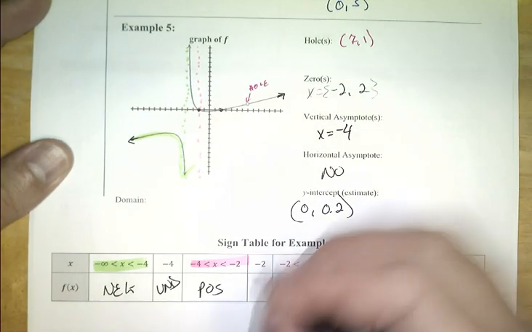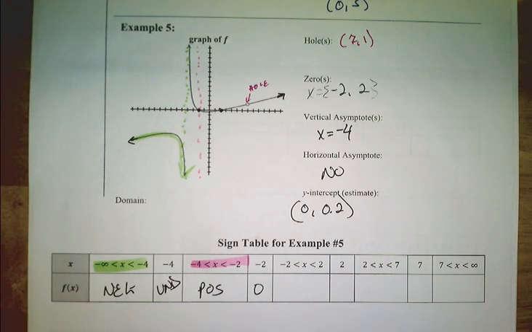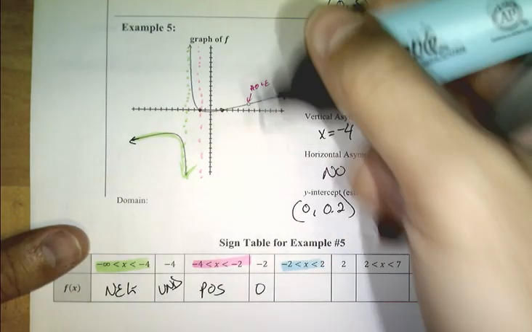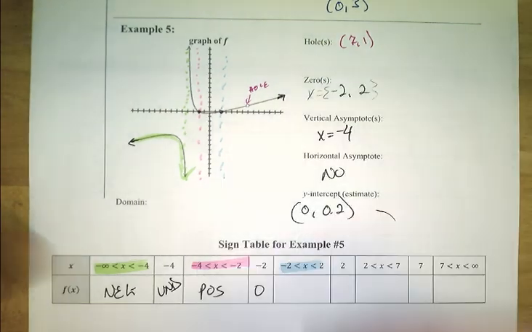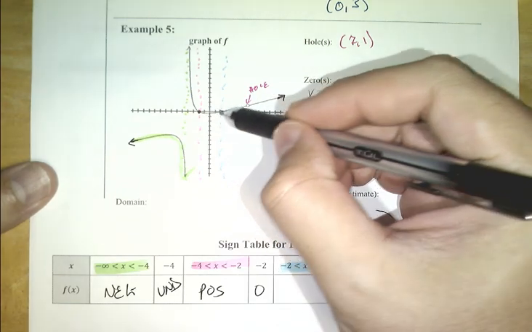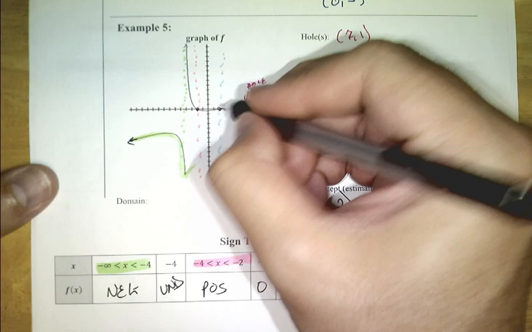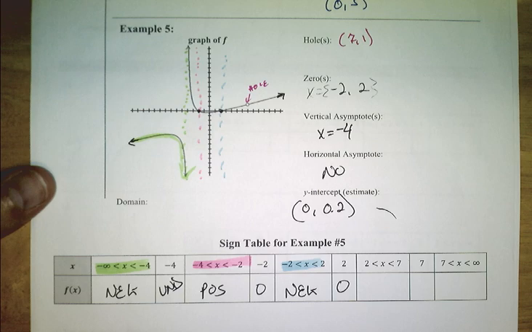Negative 2 is one of our x-intercepts, so that is going to be 0. This next section is from negative 2 to positive 2, so that is right here-ish. From here to here, the graph is underneath the x-axis, so it will be negative. And then at 2 is another x-intercept, so that'll be 0.